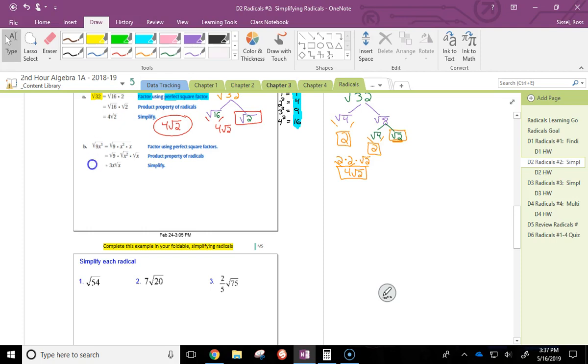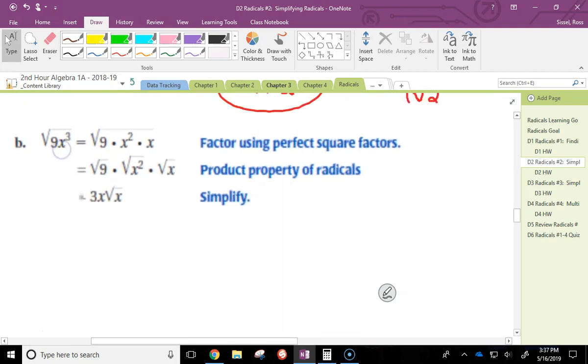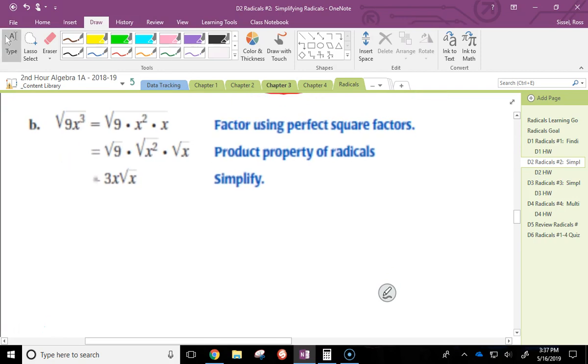Okay, looking at B, I'm just going to look at how they did this. It's kind of blurry, I'm sorry, but square root of 9 times x to the 3rd power. Well, I can make this square root of 9, and instead of x to the 3rd, here's the awesome thing about exponents. When we find the square root, we just have to make them an even number. X to the 3rd, I'm going to draw it right here. Square root of x to the 3rd. That is an odd exponent.